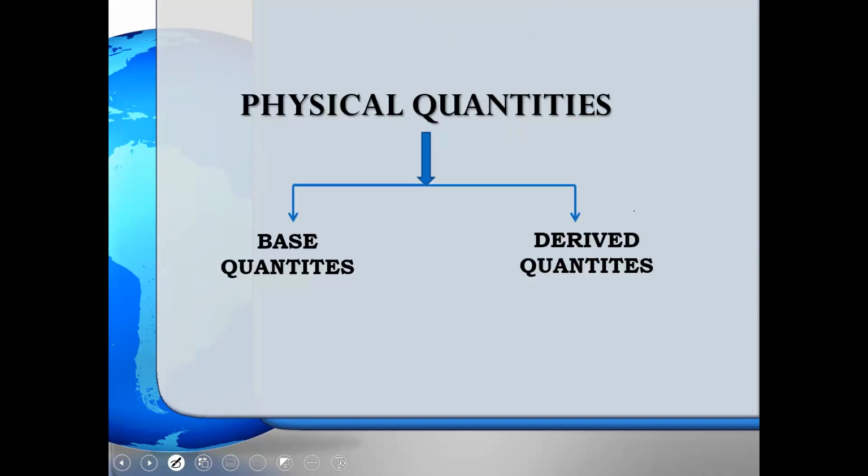Now I'm starting with physical quantity. I'm putting the first concept for today: what is a physical quantity? A quantity which has a magnitude and a unit. For example, length is equal to 5 centimeter. What is 5? 5 is the magnitude. And what is centimeter?